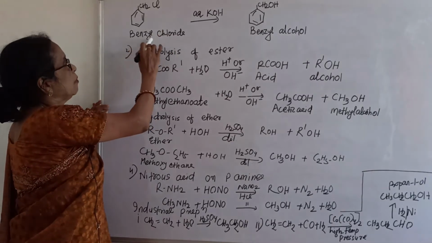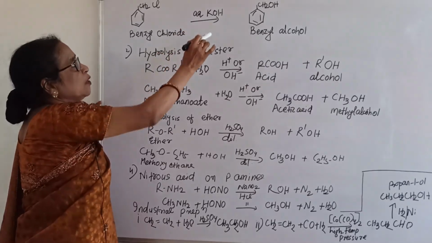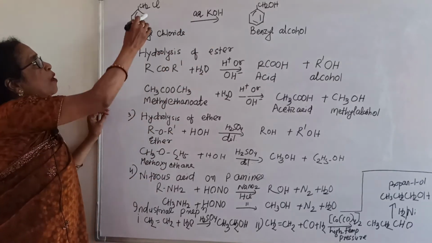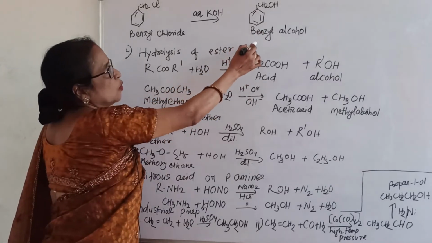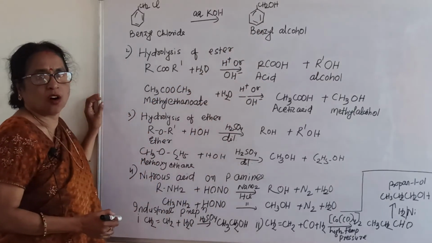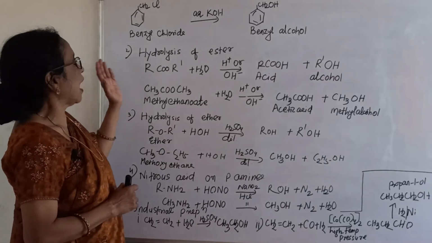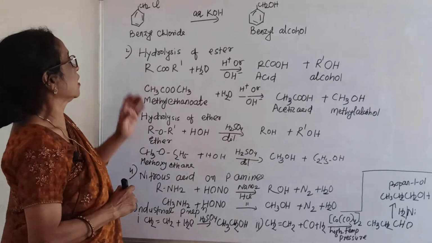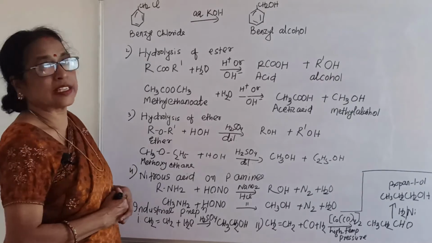So its name is benzyl chloride. Haloalkane reacts with aqueous KOH, it produces OH. Cl changes to OH, so it is known as benzyl alcohol. These are the types of hydrolysis where aqueous KOH and AgOH are treated.